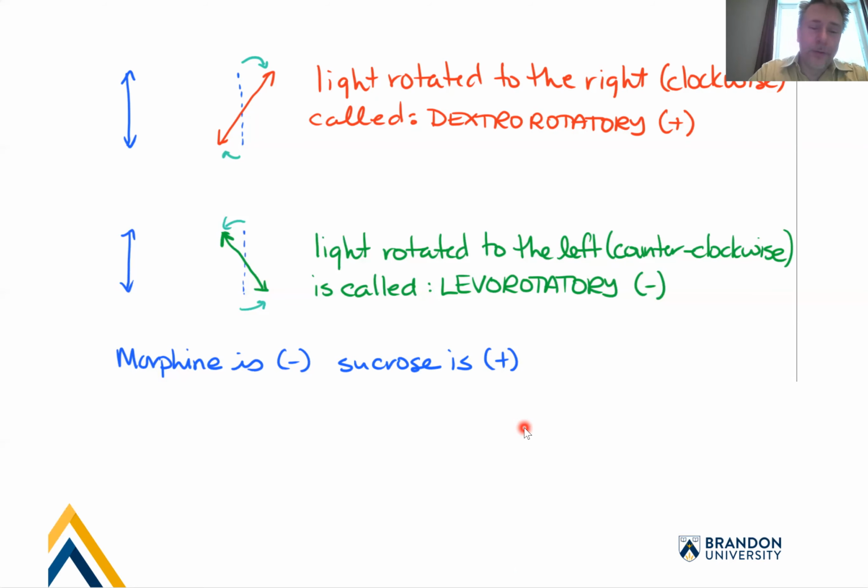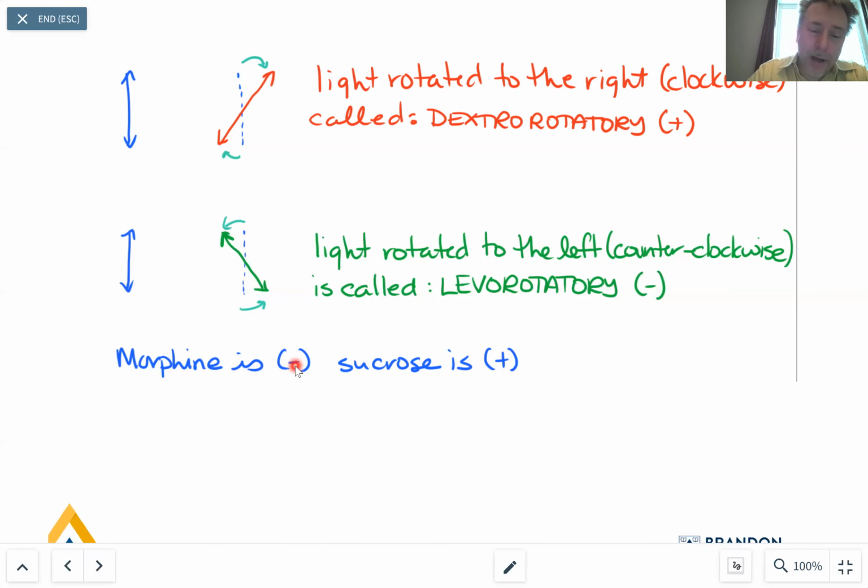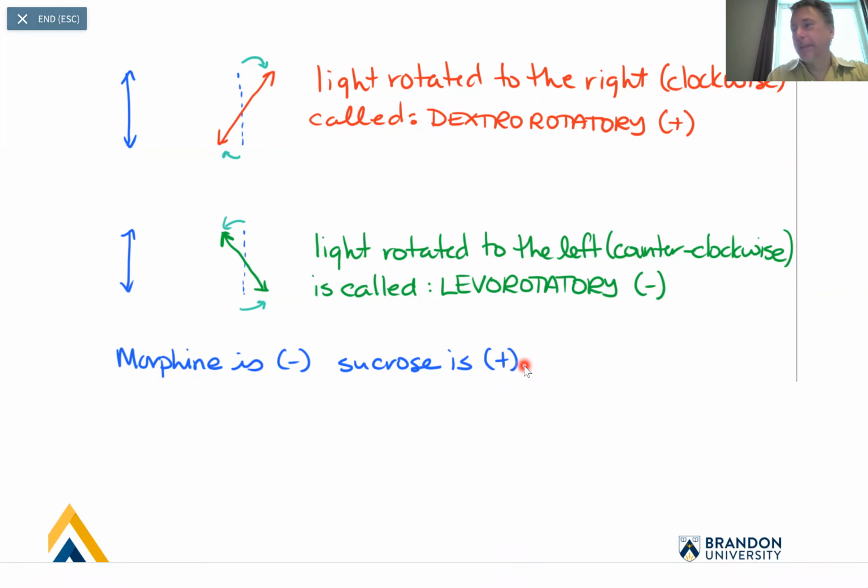Okay, so if you ever look at a bottle of something and it says minus or plus, what it's telling you is that this compound you're about to use is chiral, and this happens to be the plus enantiomer or the minus enantiomer.